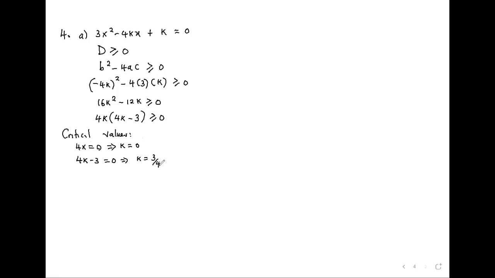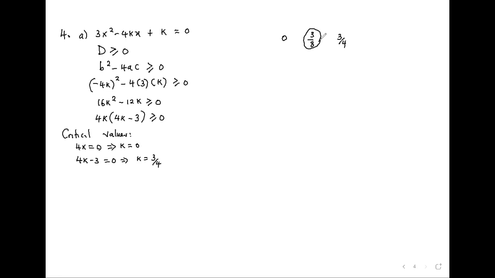And then you form a table. So you have 0 and you have 3 over 4. A number between these two that we can use is a fraction like 3 over 8.